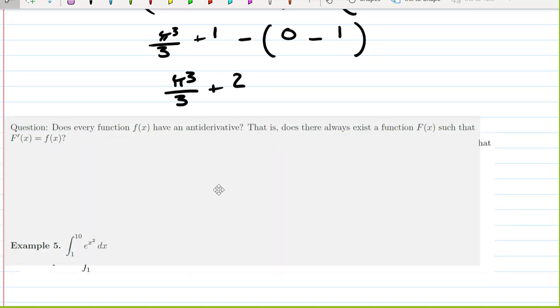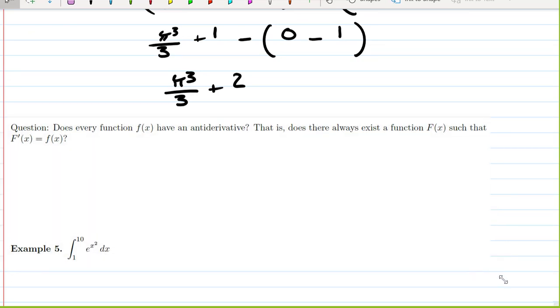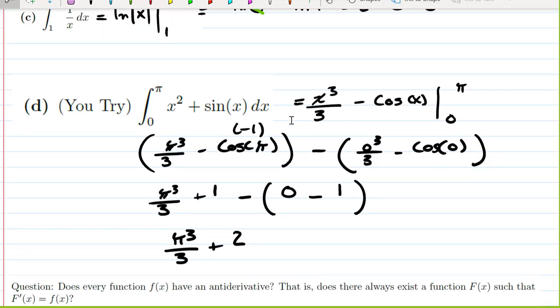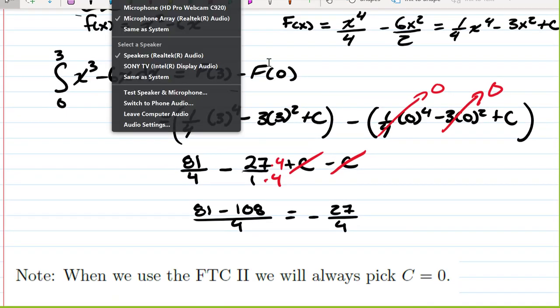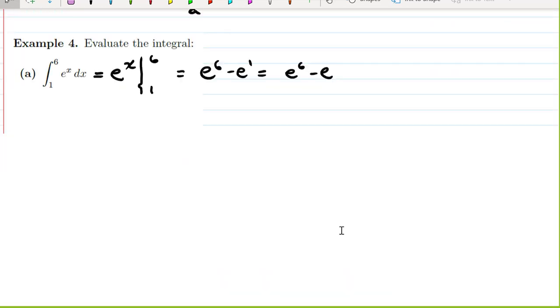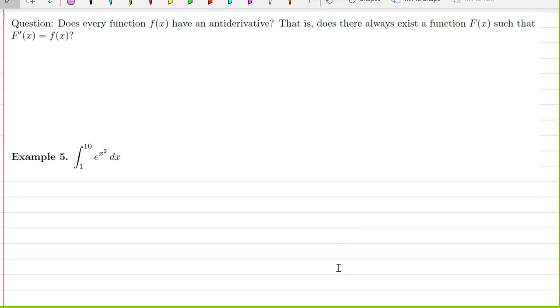It seems that we would really like them to, because if we know an antiderivative, finding the area underneath that curve is super easy, as we just saw, using the fundamental theorem of calculus, compared to the example we did back in 5.2. In 5.3, this makes it super easy. So we want to know, does every function f of x have an antiderivative? That is, does there always exist a function capital F of x such that F prime of x equals f of x? And it's very unfortunate, but the answer to this question is no.